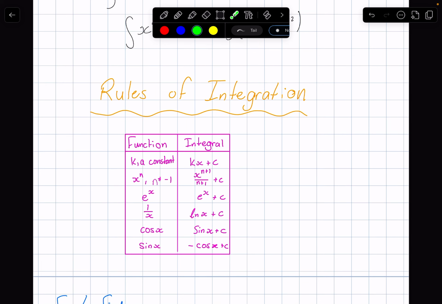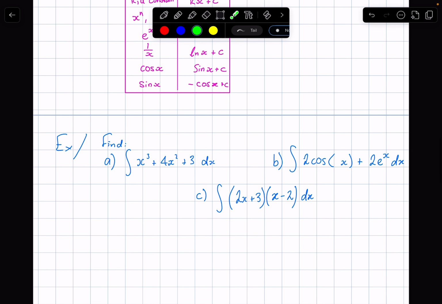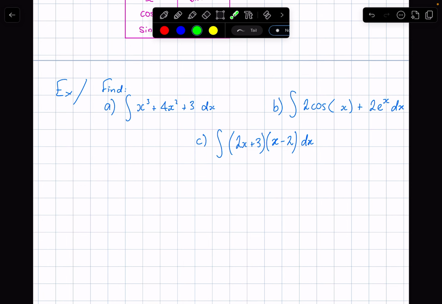So that's going to be our basic rules to start with, and then we'll increase that to functions inside of those functions too. So 3 hot fire examples, and we're going to run through them quickly together. So for A, I've got the integral of x cubed plus 4x squared plus 3 dx. Now, if I calculate this, the integral is just those individual terms integrated, added together.